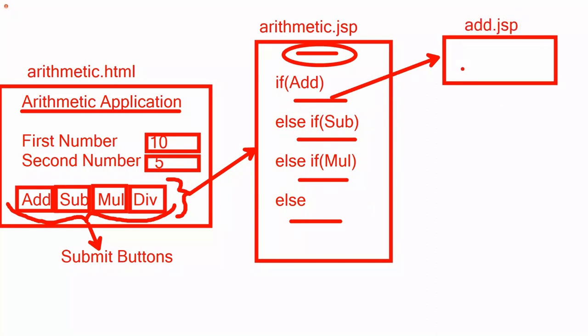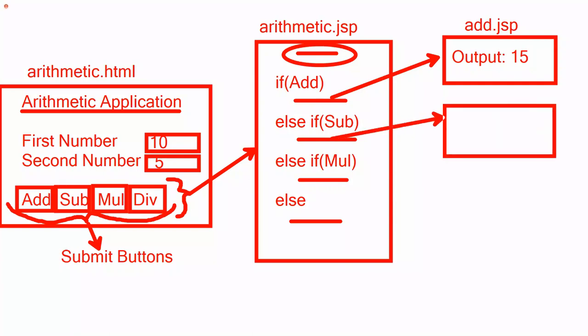Here the output is 10 plus 5, 15. Subtraction: output 10 minus 5, 5.